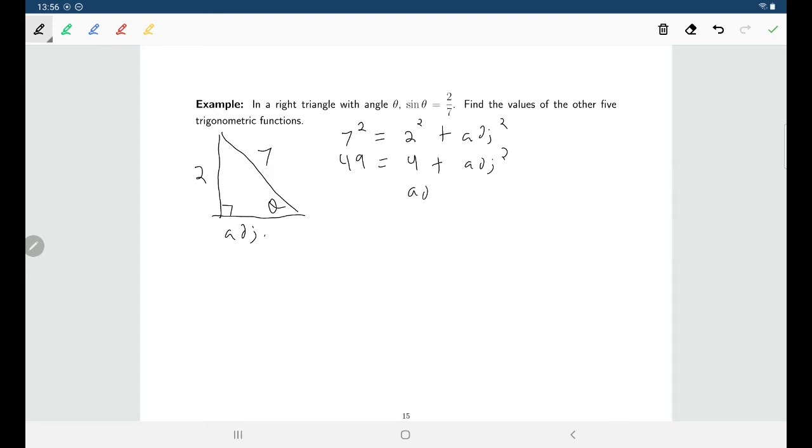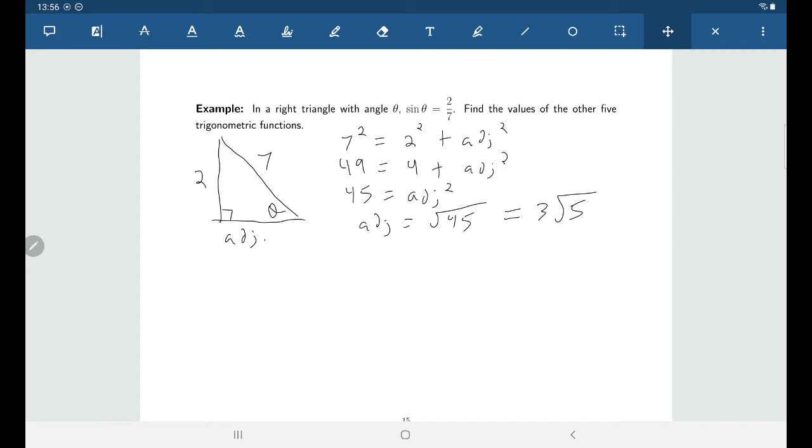So the adjacent side squared is 45. And so that means the adjacent side should be square root of 45. And in simplest terms, square root of 45, that's root 9 times 5, or root of 9 times root of 5. So 3 root of 5.